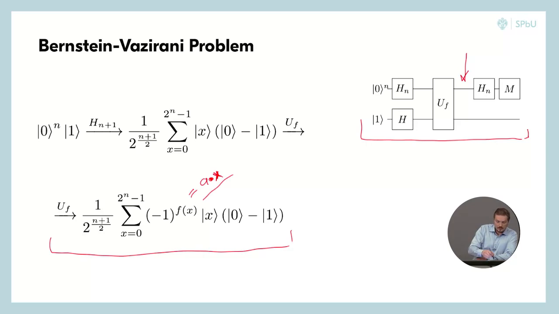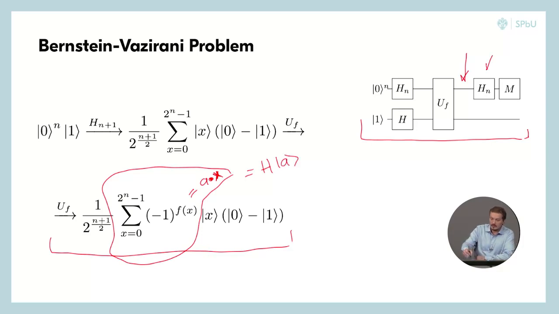And if you look at this expression here, you may notice that it is exactly the Hadamard transform of A. So after this Hadamard transform, and as a result of measurement, we will get the value of A in just one oracle query.